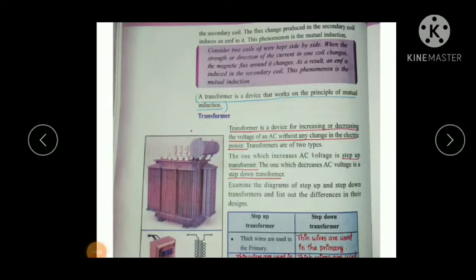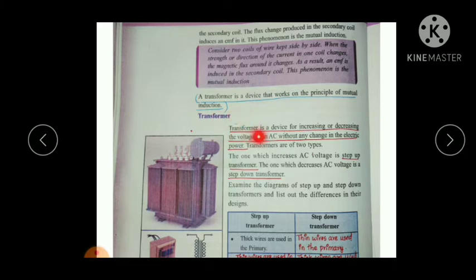The next topic that we are going to learn is transformer. A transformer is a device that works on the principle of mutual induction. So based on mutual induction, the transformer is working. Then what is a transformer?